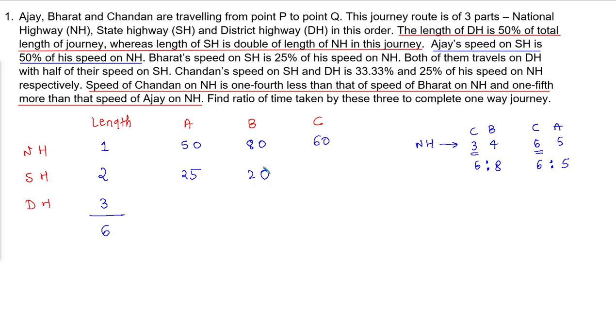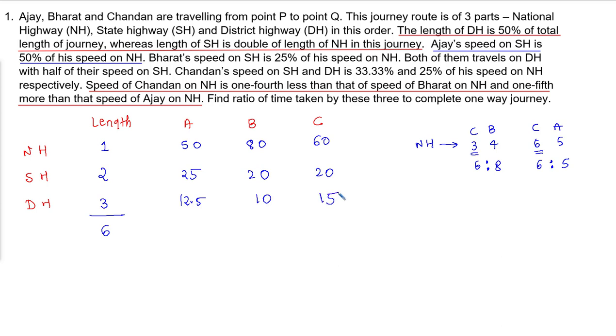After that, both of them travel on DH with half of their speed on SH, that is 12.5 and 10. Chandan's speed on SH is 1/3 of NH. 1/3 of 60 is 20 and 25% of 60 is on DH. 1/4 of 60 is 15.